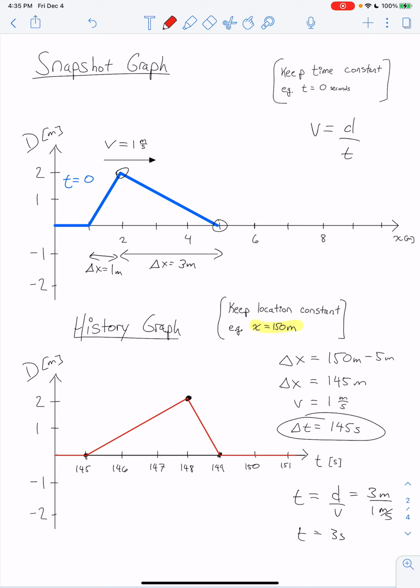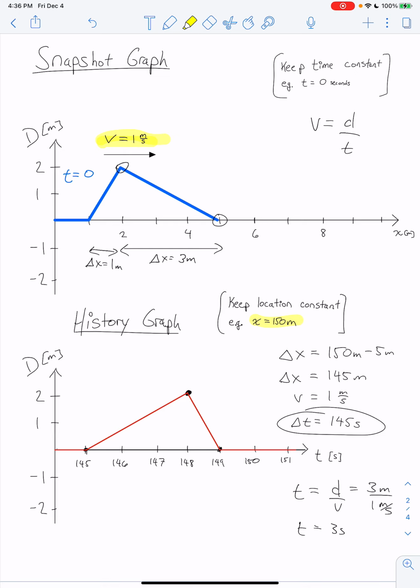Okay. Is that the most difficult thing we can do here? No, we can make this one level more complicated. That mapping from snapshot to history was always using a rather trivial velocity of 1 meter per second. What happens if that's not the velocity? Let's make sure we're prepared for that eventuality.